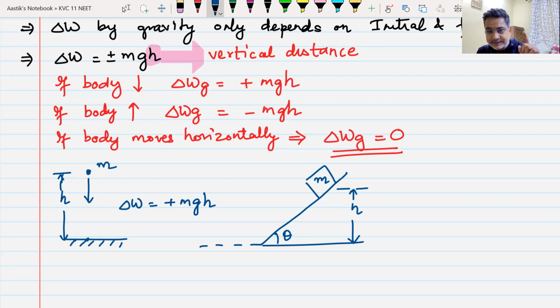So remember this. Whatever be the path, work done by gravity is always mgh. Moving down plus mgh. Moving up minus mgh. Nothing else. Shall we move ahead? Have you understood this? Okay.